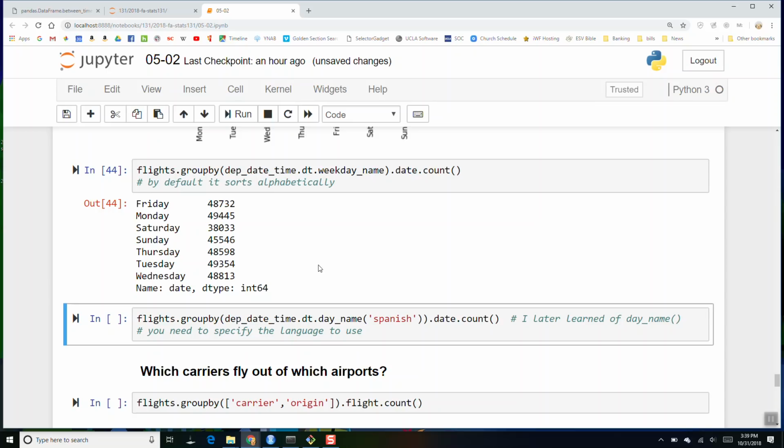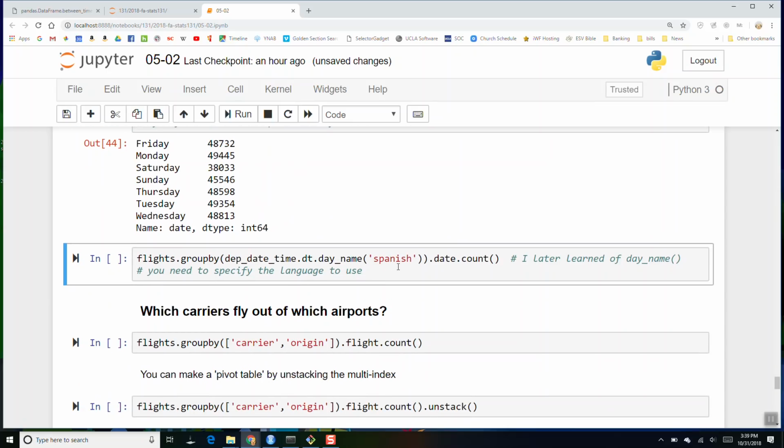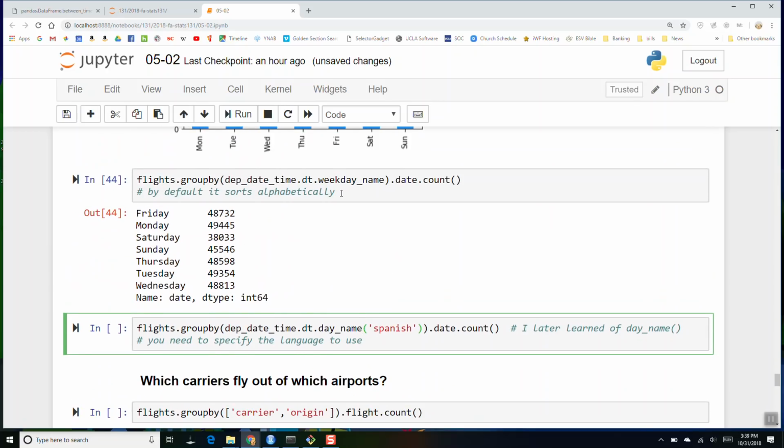But that's the alphabetical order. And you could resort it, but then it requires you to manually write out the order that you want it produced.